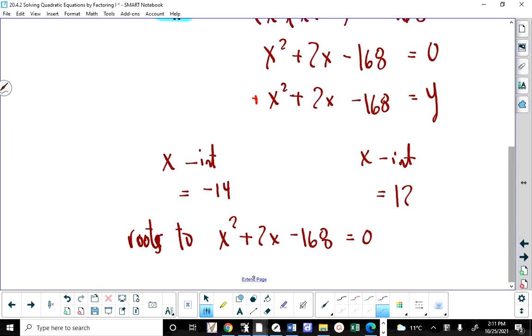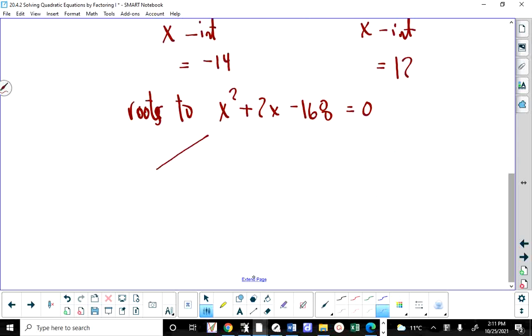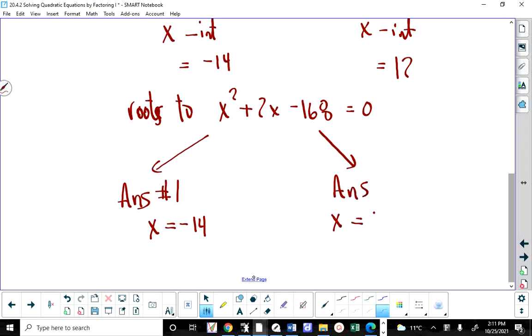Those aren't even consecutive integers, are they? What this means is you have two answers. You have answer number 1, where the smaller integer is negative 14, and you have an alternate answer where the smaller integer is 12.